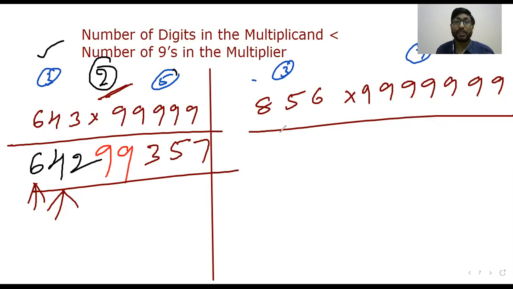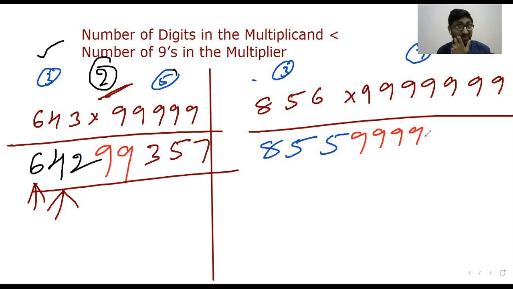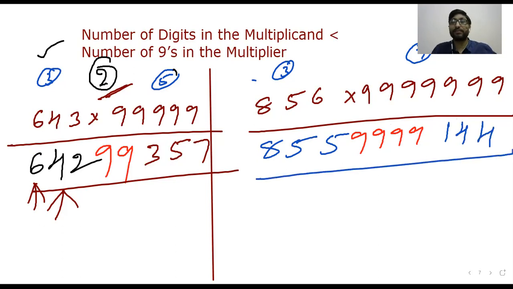Okay, see, 8, 5, 6. Subtract 1, 8, 5, 5. The difference is 4 digits, 9, 9, 9, 9. So subtract from 9: 8 from 9, 1. 5 from 9, 4. 5 from 9 is 4 is the answer.